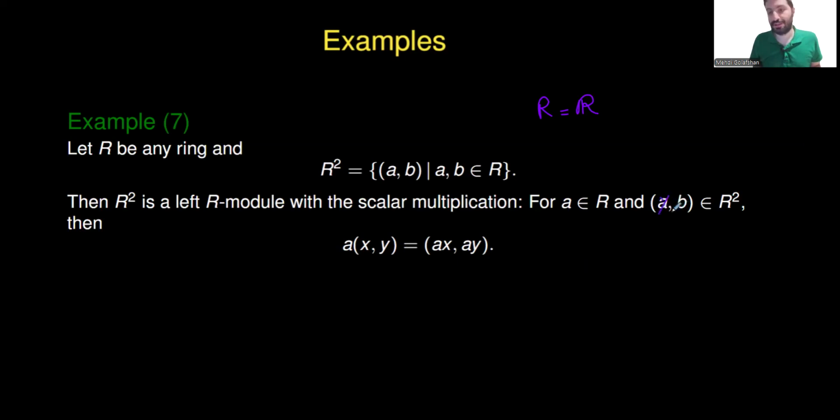I must write x and y. Okay, sorry. So we define a times (x, y) to be (ax, ay). With respect to this scalar multiplication, this is a left R module. So that's it. Let's go to other stuff.